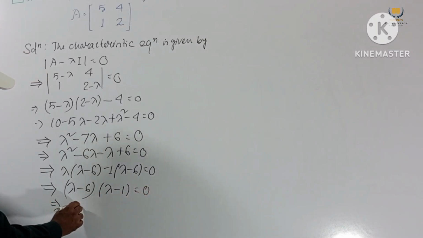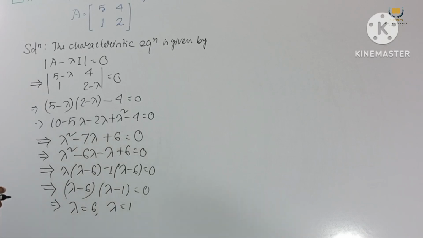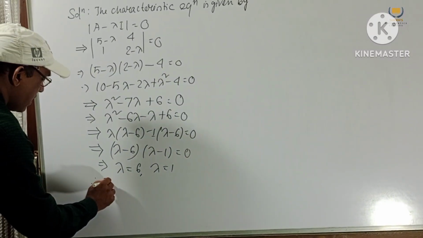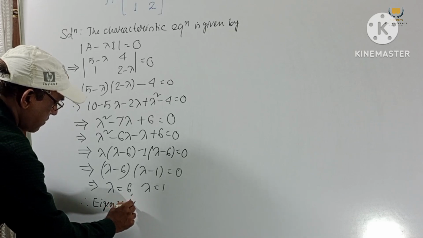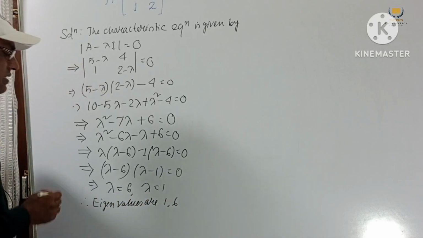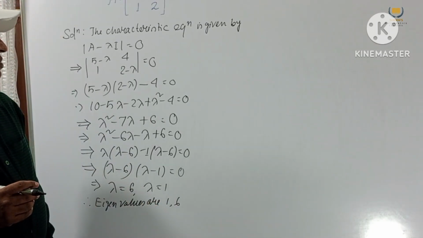So we get lambda equal to 6, lambda equal to 1. So eigenvalues are 1 and 6. These two values of lambda are called eigenvalues.